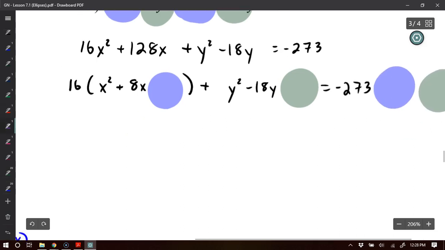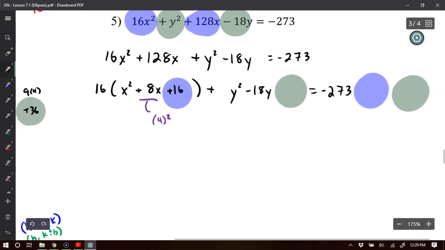Now I can complete the square. I'm going to take 8 and divide by 2, which is 4. 4 squared is 16, so a positive 16. But remember, I'm not really adding 16 to the right-hand side. I'm adding 16 times 16, which is a positive 256. Then when I complete the square on the y, -18 divided by 2 is -9, and squared that gives me a positive 81.